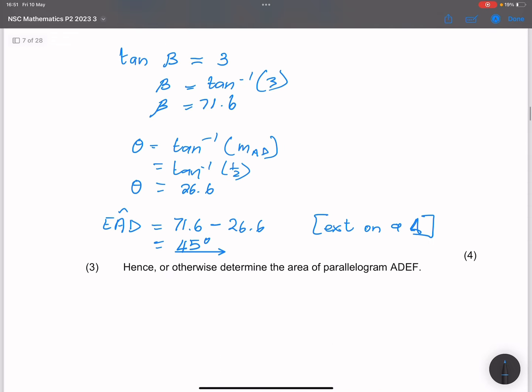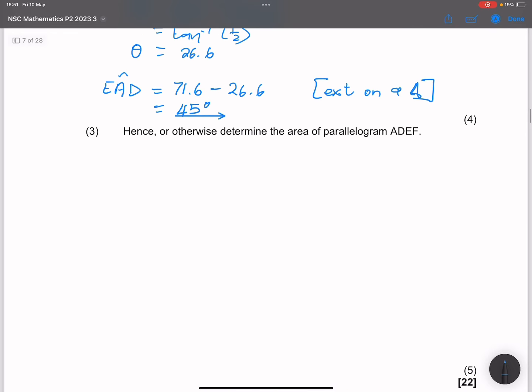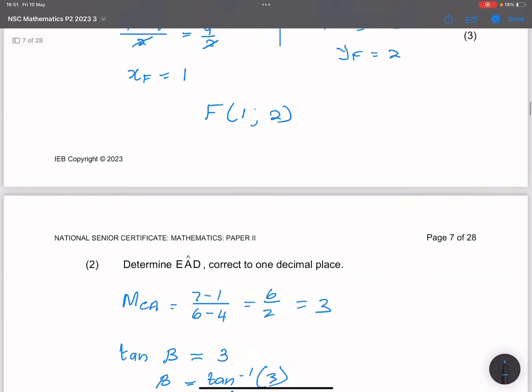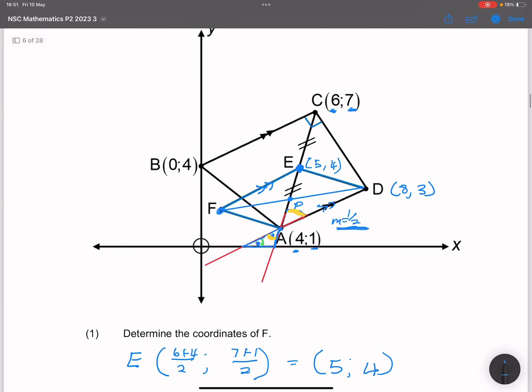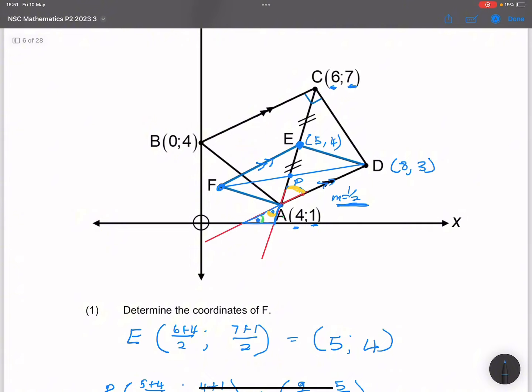Right, as we go to the next question, they say hence or otherwise determine the area of parallelogram ADEF. Okay, so now if we look at that parallelogram, so note, we just removed this guy here. Right, so they want the area of that parallelogram, right?